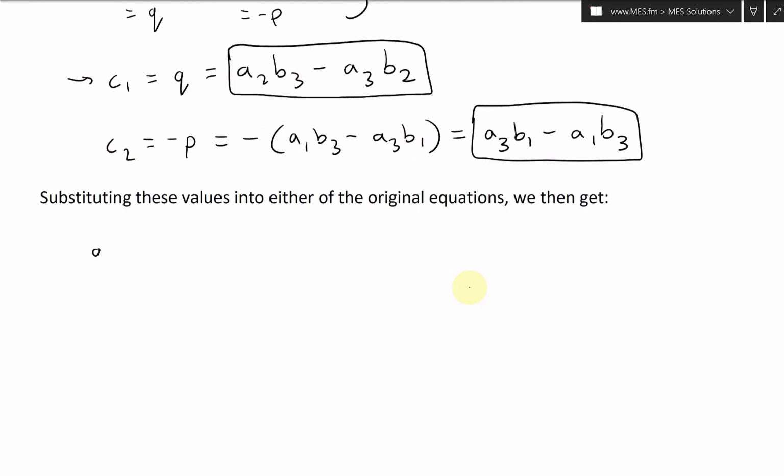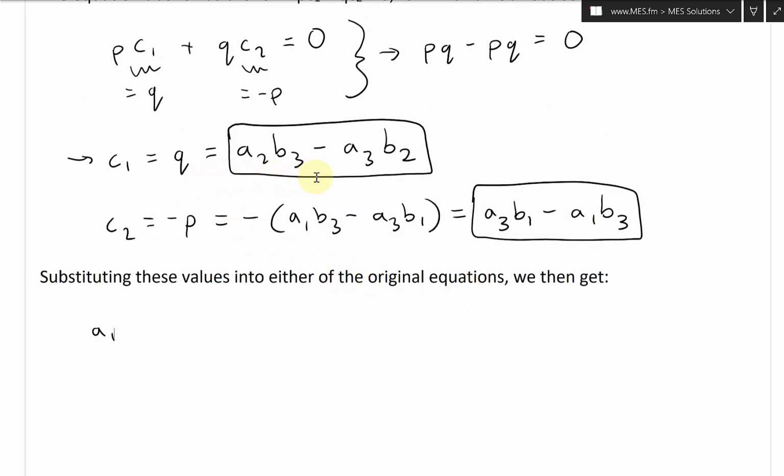Let's just write it out for completeness so we don't have to remember it: A1, C1 plus A2, C2 plus A3, C3 equals 0.